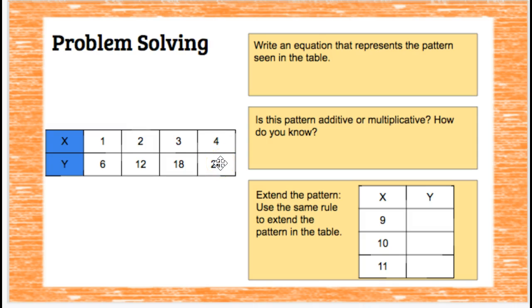So if I was to plot this on my grid, I would go 1 over, 1 up 6. There's my 2 over, 2 up 12. My 3's on the x, so over 3. My y is 18, so up 18. My 4 would be over 4, up 24. So when you have a table and a coordinate grid, it's just showing you the same information.